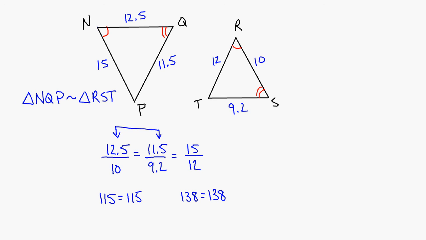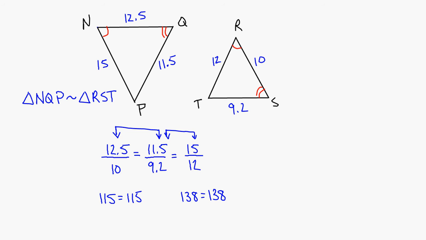All right, so the second and the third ratio are proportional. Okay, so if the first is proportional to the second and the third is proportional to the second, then the first and third are going to be proportional, right? So are the corresponding sides proportional? Yes, they are.